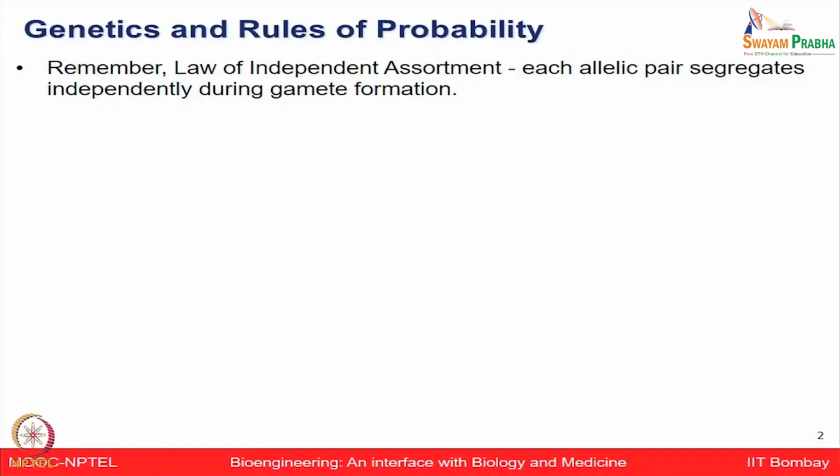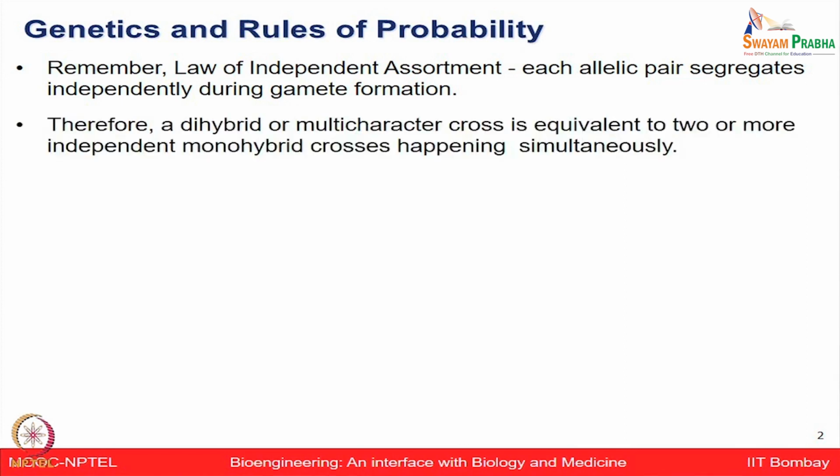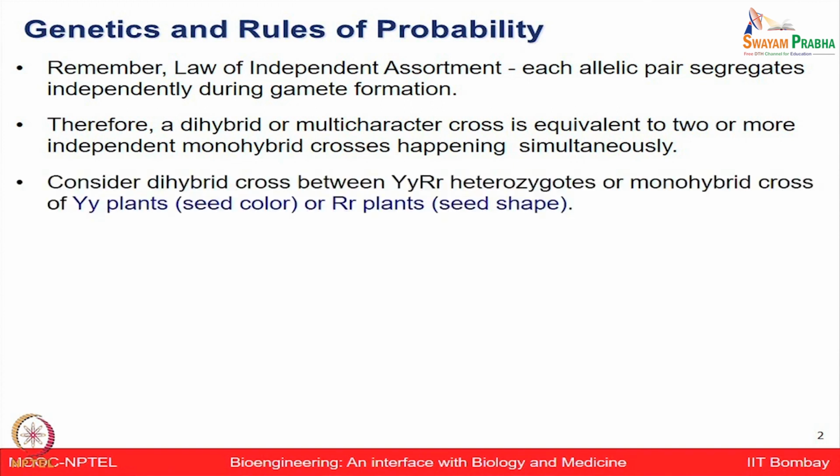So in the law of independent assortment, we talked about how each gene for a contrasting pair, those alleles, segregate independently in the next generation. And then we discussed that these are the dihybrids or even multihybrids, various characteristics which are there. They are passing from one to the next generation, but they are actually following their own independent route.